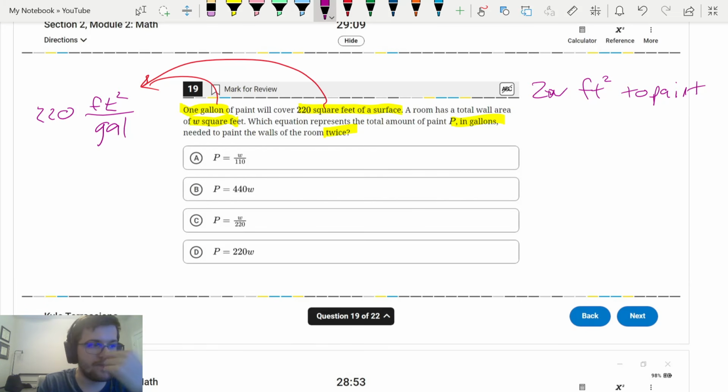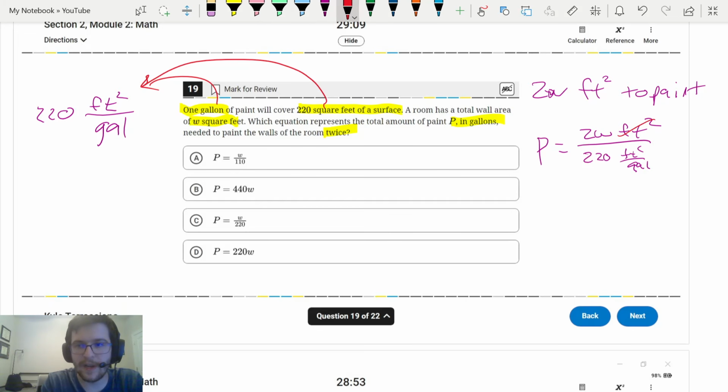So, it's a little hard to see, but we want units of gallons, right? And the only way to do that, to get gallons, is to divide. So feet squared cancels, and we're left with 1 over gallon, which is just gallon.